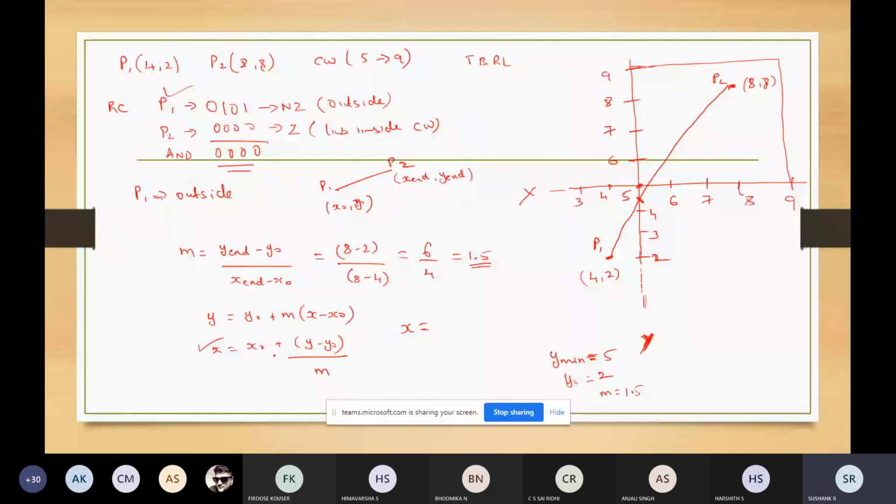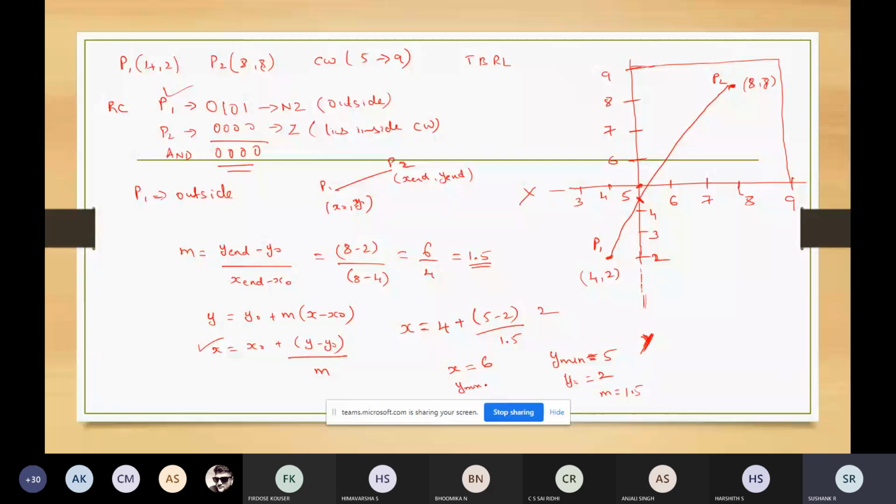The starting line is 4. So y minus y naught means y min minus y naught, 5 minus 2, divided by 1.5, so it will be 3 by 1.5, which is 2. So I get the value of x as 4 plus 2, 6.